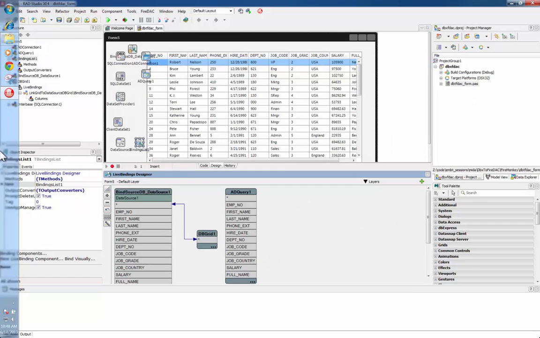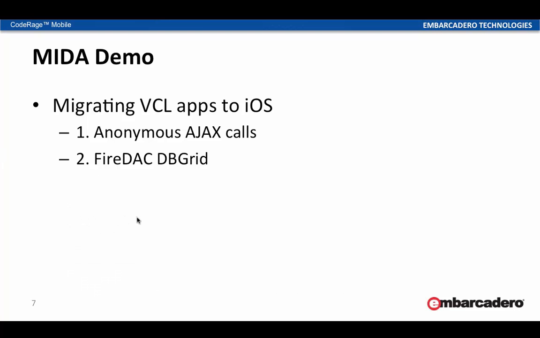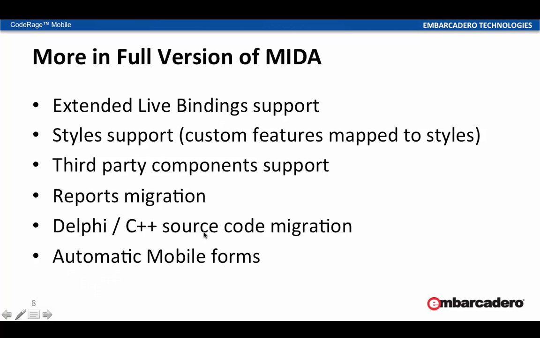Let me get back to the slides for a second. So this was my simple demo. There's much more in the full version of Mida, whatever you want to call it. Extended live binding support, style support, custom features of controls are mapped to styles, third-party component support, including reports and the ability to migrate reports from Windows-specific versions to cross-platform reports.